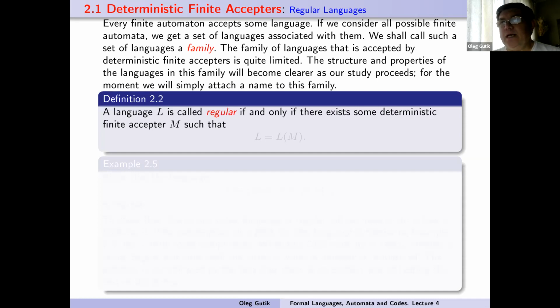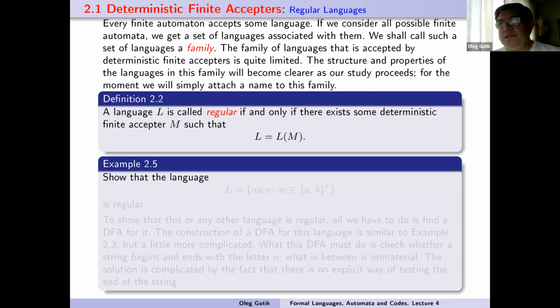Definition: a language L is called regular if and only if there exists some deterministic finite acceptor M such that L is the recognized language of this DFA M. Example: show that the language L, which consists of words which start with A and finish with the symbol A, is regular.